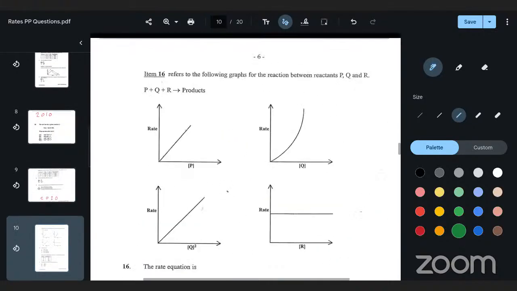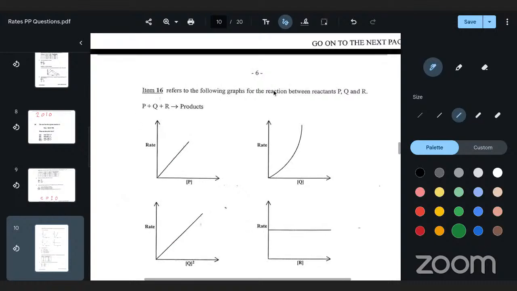And then for this now, it refers to the following graphs for the reaction between P, Q, and R. So we know that rate is directly proportional to concentration for a first order reaction.